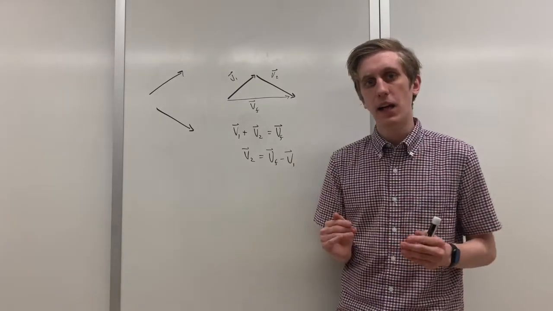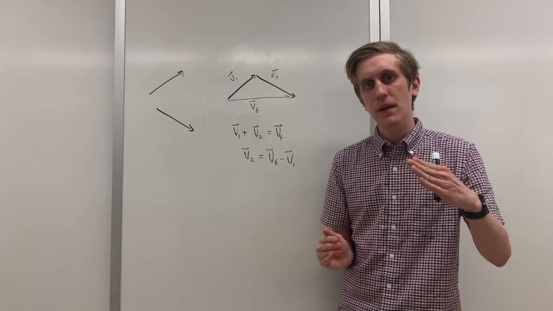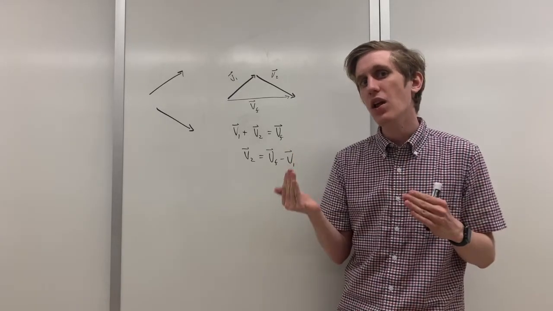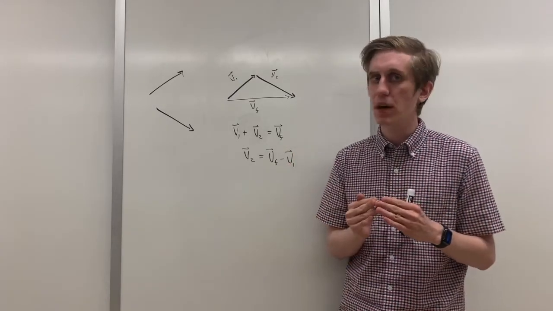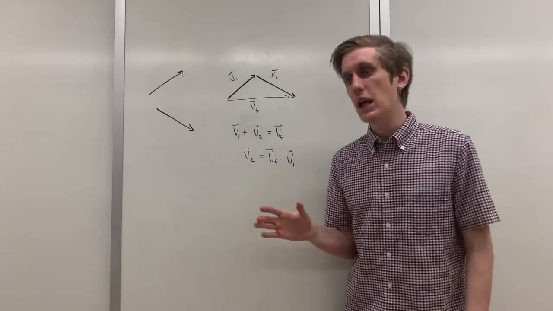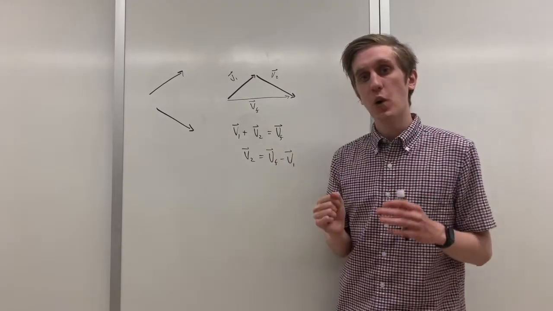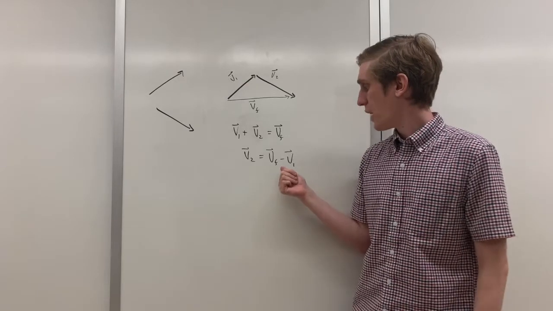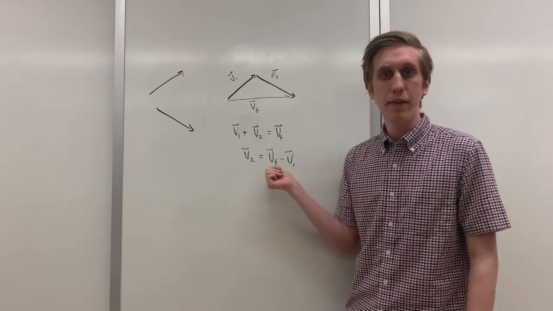When we added vectors, we took one vector and then connected the tail of the second vector to the tip of the first vector. Let's see what this diagram shows for subtraction. Here we're subtracting v1 from v final.